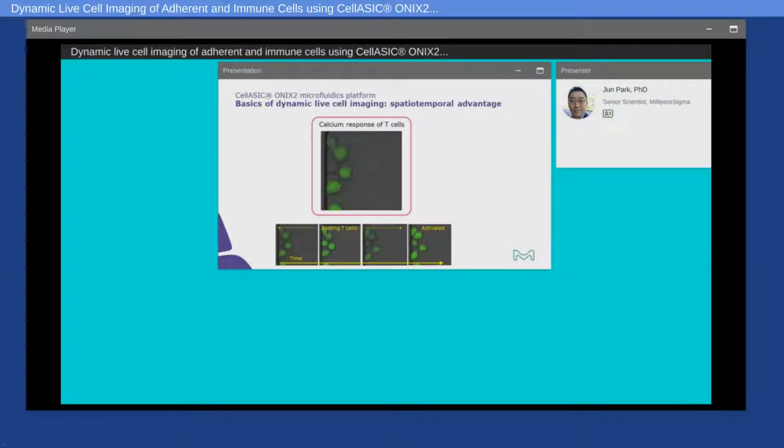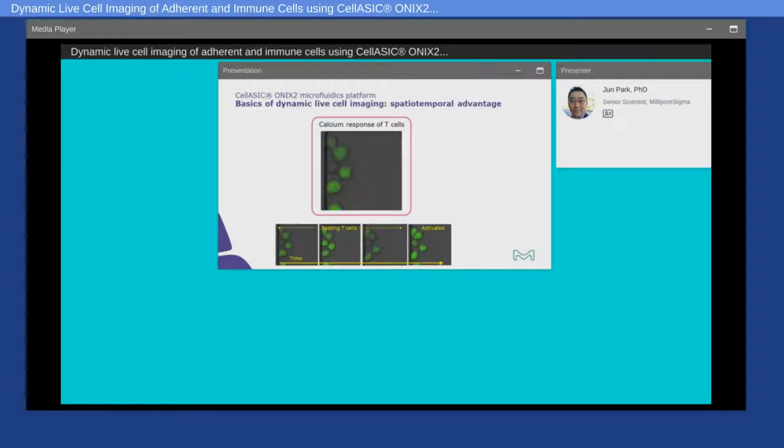Now, if we were to take a time-lapse image of these T cells, as shown in the bottom of the slide, we start to gain a deeper level of understanding of the spatiotemporal dynamics of these cells at the single cell level. In this particular experiment, T cells were activated with ionomycin, which causes an increase in intracellular calcium level.